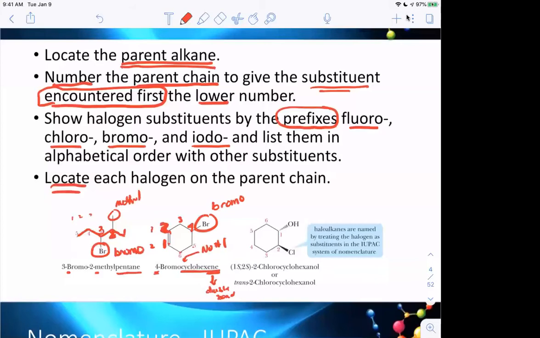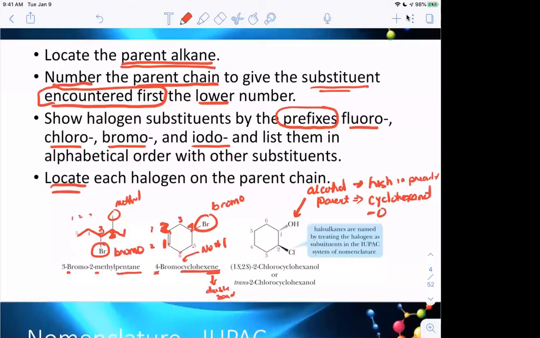Notice that in my third example, I have a cyclohexane, but I have an alcohol. The alcohol is pretty high in priority, as we will see. So my root here is not cyclohexane. My parent is going to be cyclohexanol.